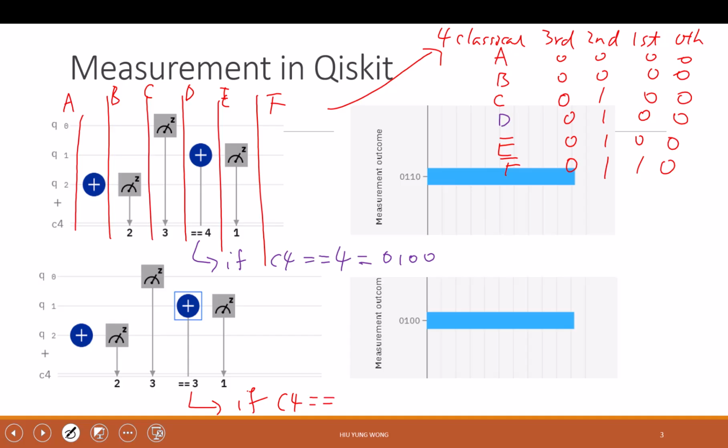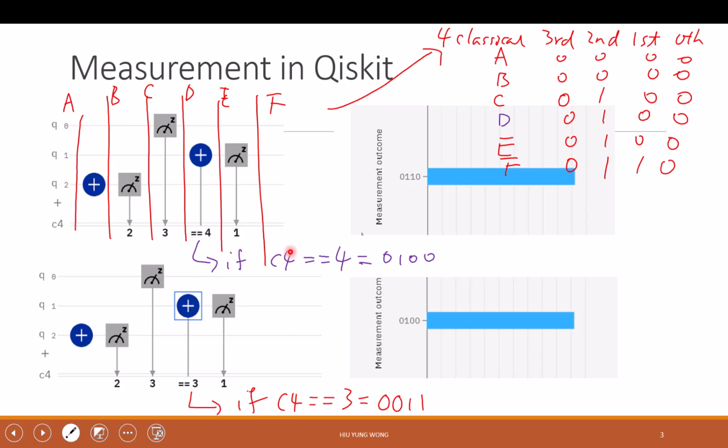The classical register equal to what? 3? Yeah. Equal to 0, 0, 1, 1. Right? That is 3. If it is equal to 0, 0, 1, 1, then we will apply the NOT gate.